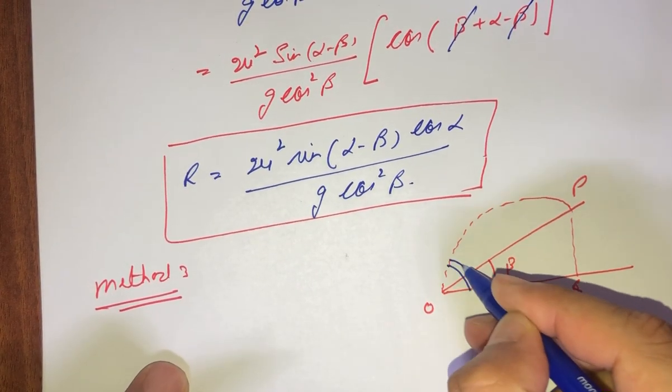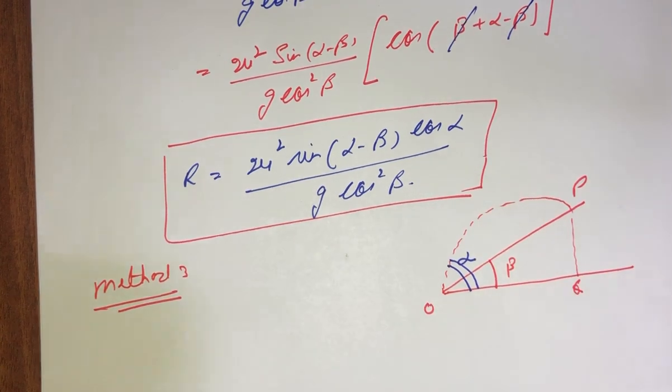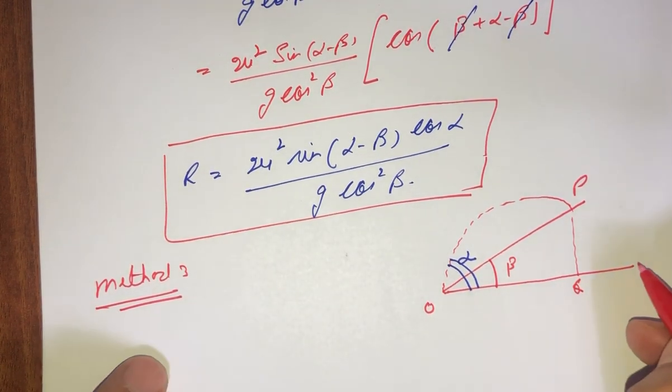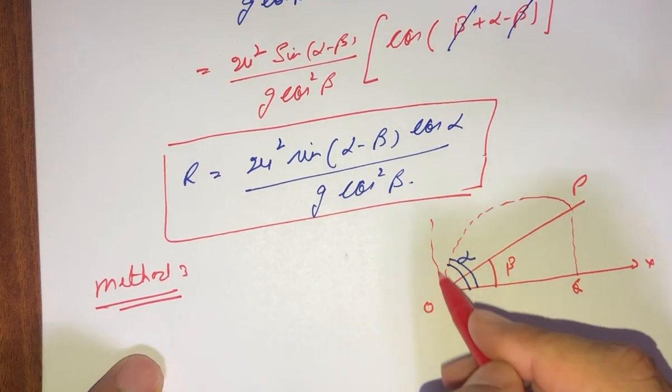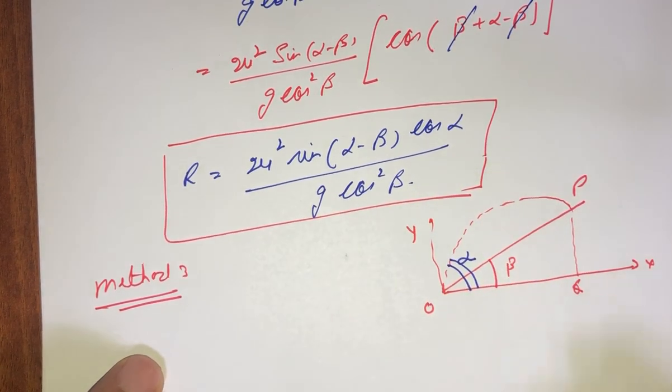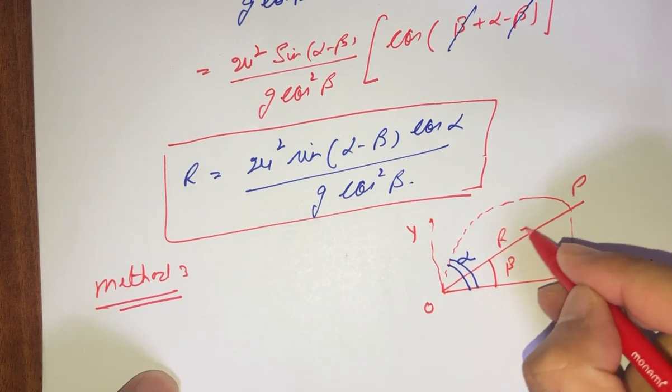This angle is alpha, and we take this as x-axis, this will be our y-axis, and this will be our range.